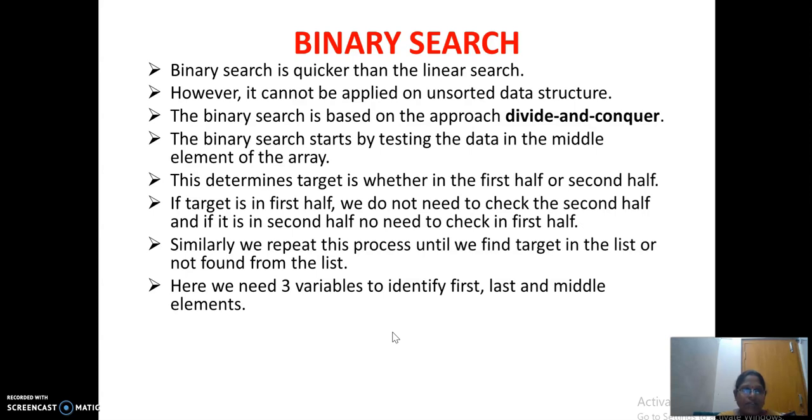If the target is in the first half, we do not need to check the second half, and if it is in the second half, no need to check the first half. Similarly, we repeat this process until we find the target in the list or it is not found. Here we need three variables to identify: first, last and middle elements.